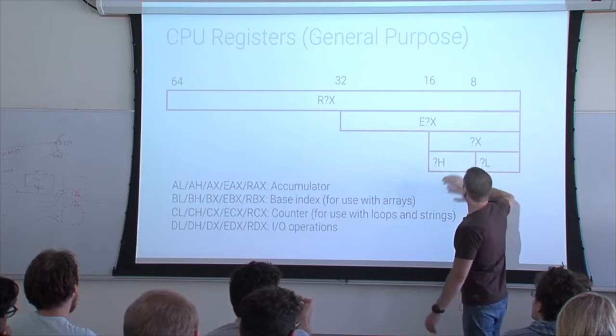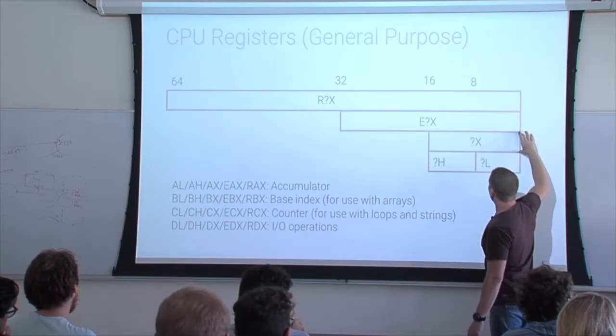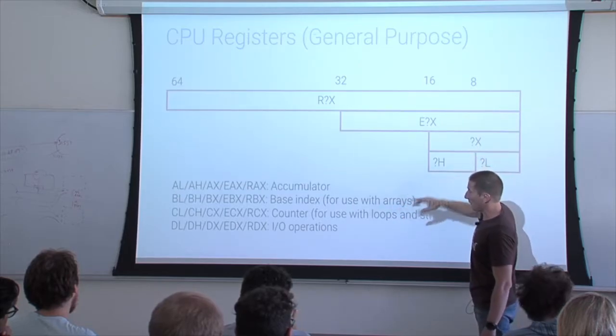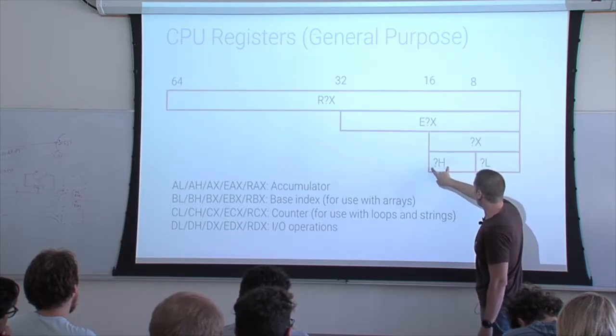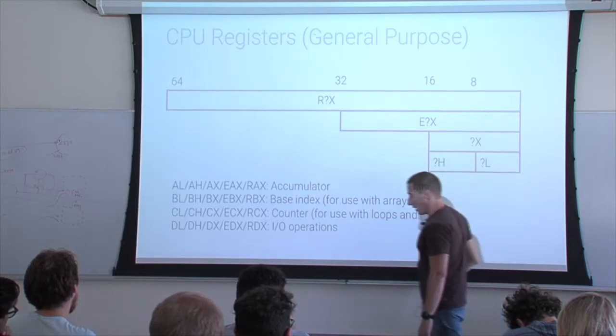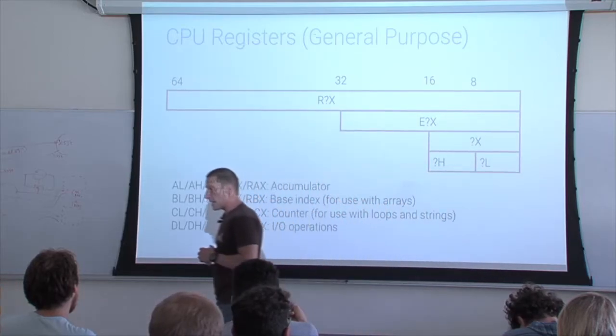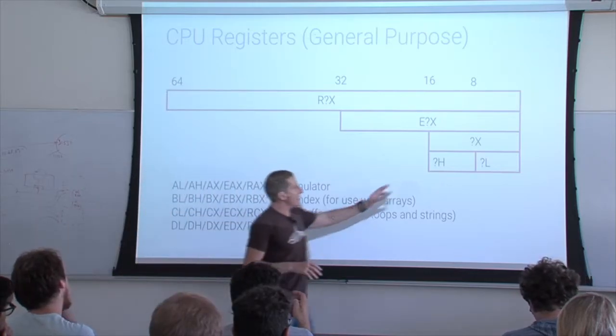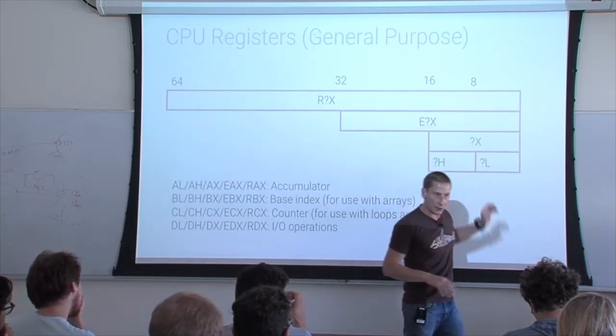When you use the 16 bits, you use just the AX. And for these 4, you can also refer to the most significant 8 bits and least significant 8 bits with AH and AL, or BH and BL, or DH and DL.